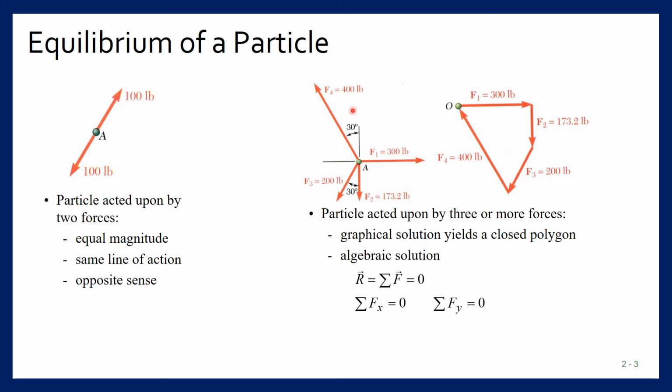That means all the forces acting on this particle should form a closed polygon. Only then will the resultant be zero. So if you use the graphical method, and start from one force and keep adding the other forces, you will end up at the starting point.